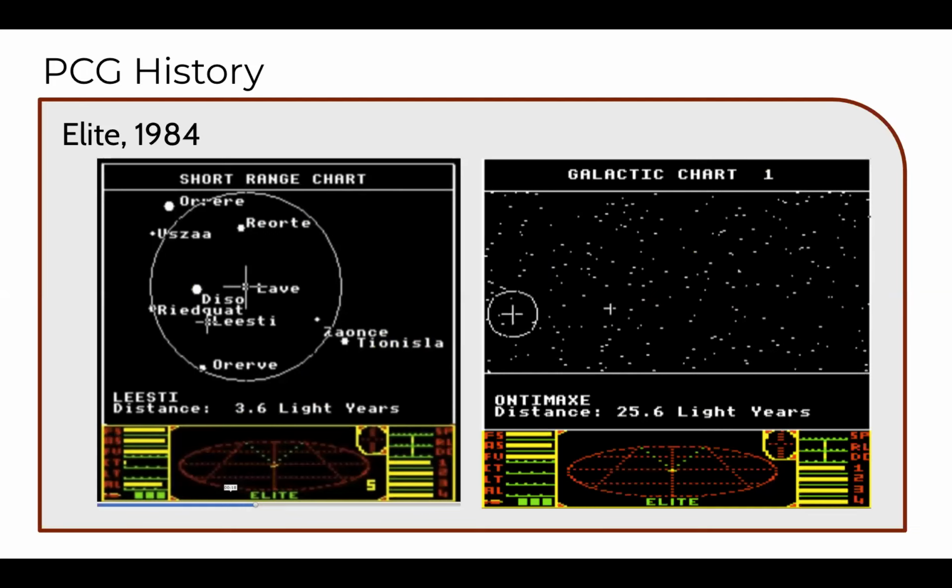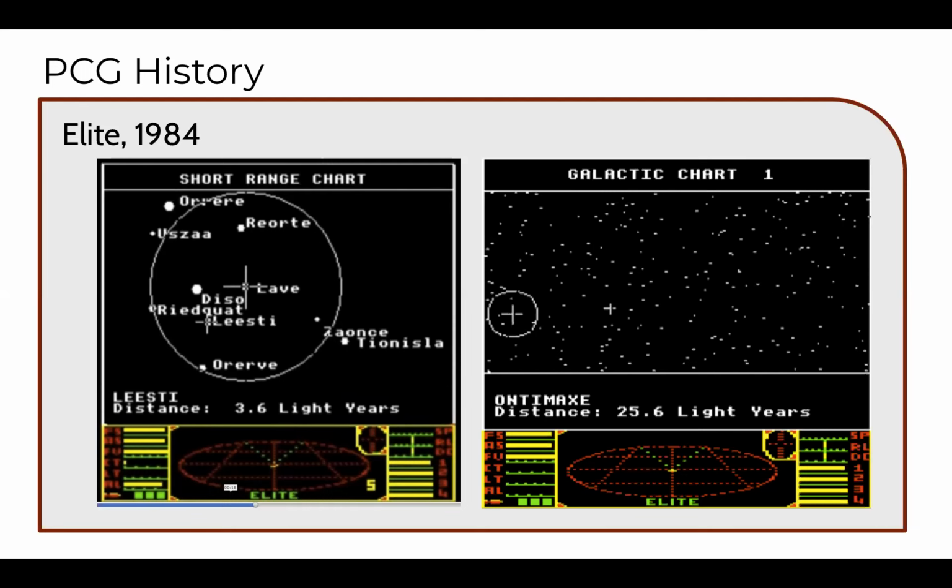They didn't have enough memory to store all of the combinatorially many options of possible galaxies that they might want to create, or to author a whole bunch of these by hand and then ship that with the game. So instead, they created an algorithm that would do it programmatically rather than as part of the game data.